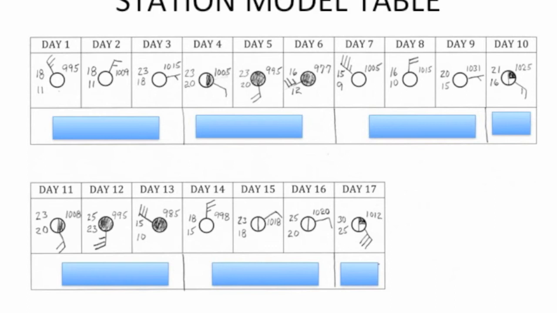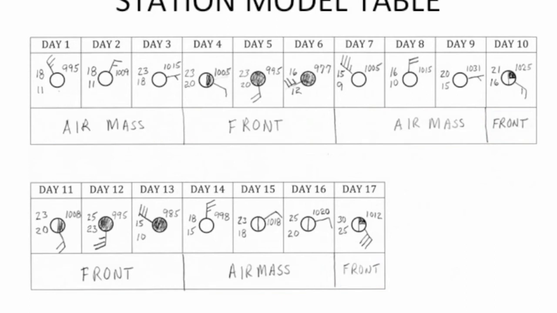So all of the patterns in all of these measurements were pointed out to students, and they were asked to separate these, or label them, based on whether they were an air mass or a frontal situation.